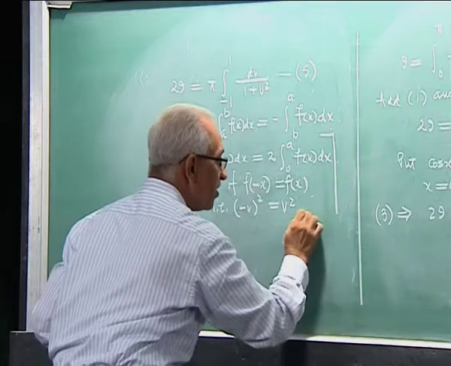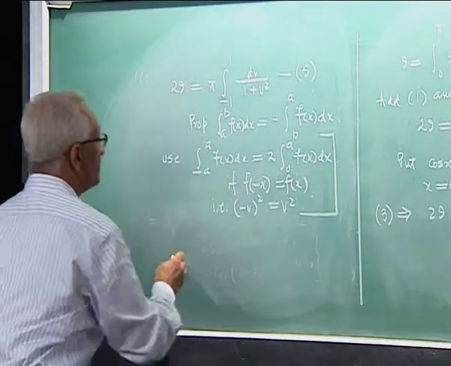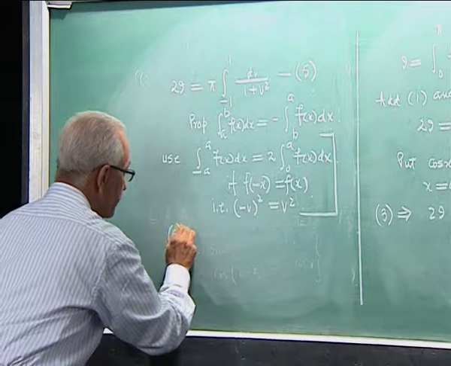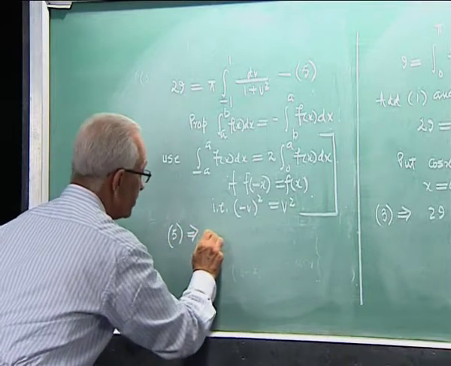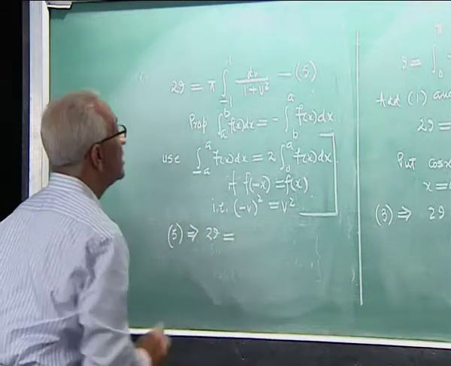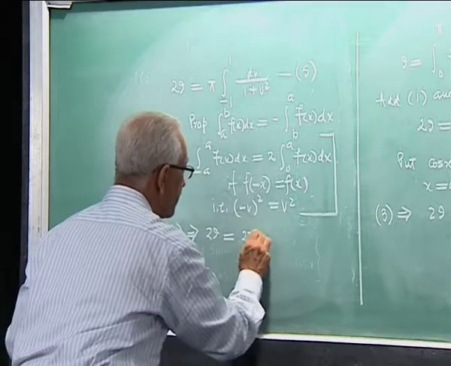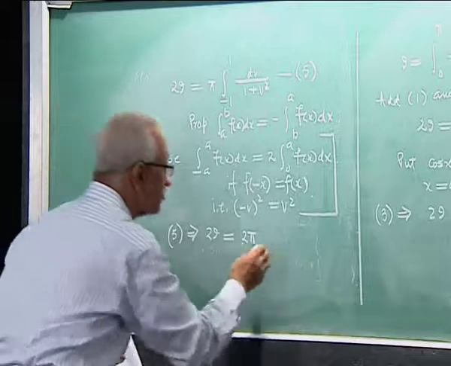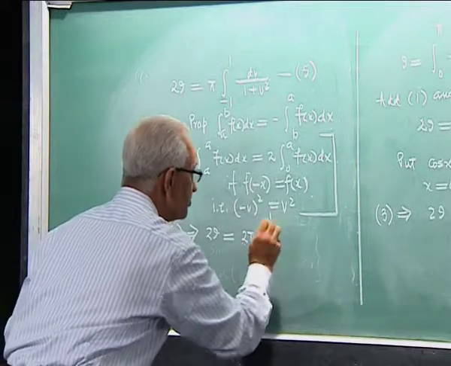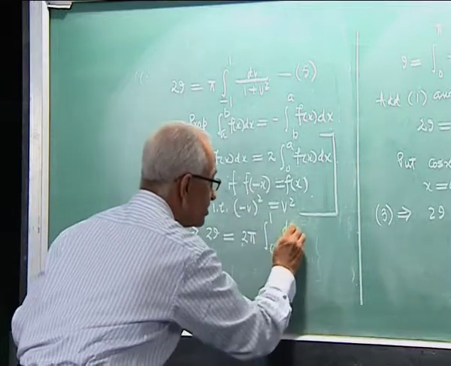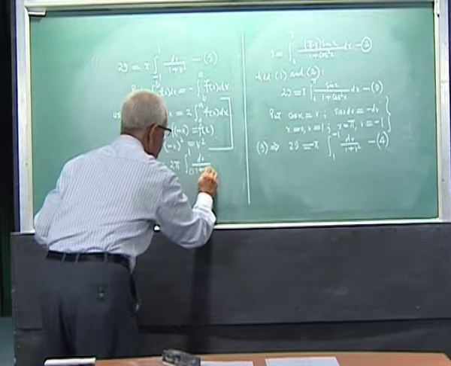So using all these 3, the fifth becomes: 2I on the left hand side continues. I'll be having here 2 times pi. This 2 is because of the formula. I'll be having 0 to 1. Nothing changes here, 1 plus v square.